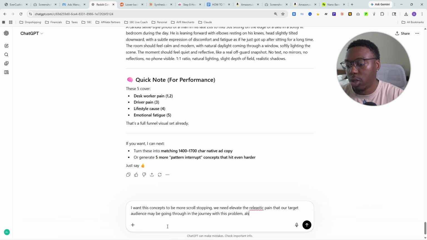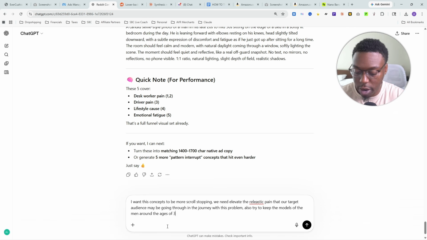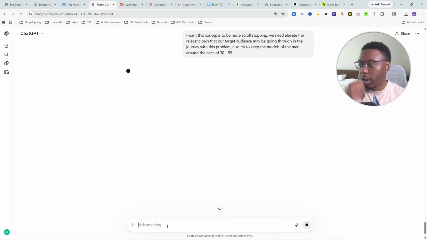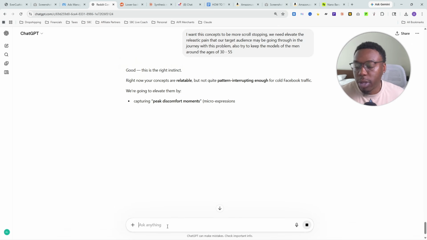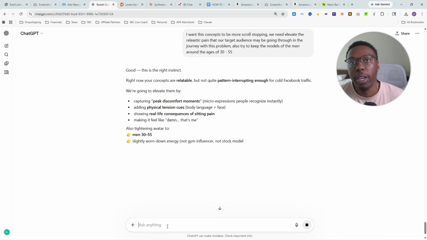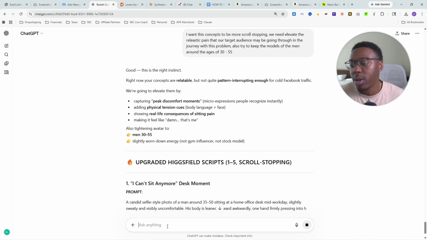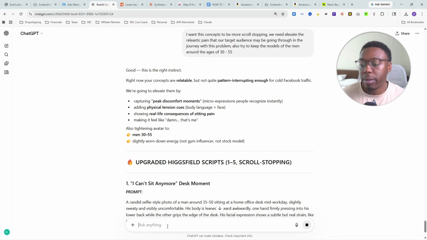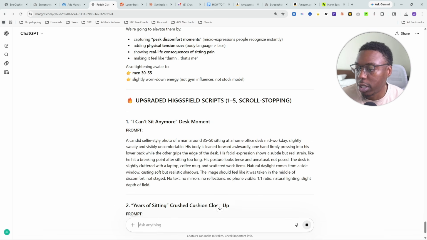Also, try to keep the models, the men, around the ages of 30 to 55. So we want older men that resonate with them. If it's a bunch of 20-year-old looking men, they're probably not going to be the ones reading this, so they're not going to be able to see themselves in that image for the images that we generate of a person actually sitting there.